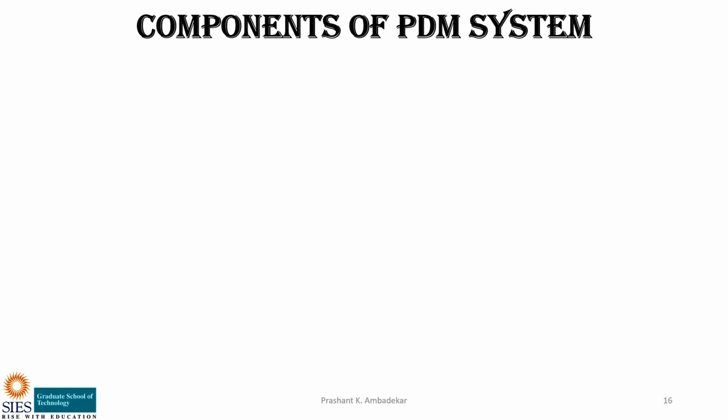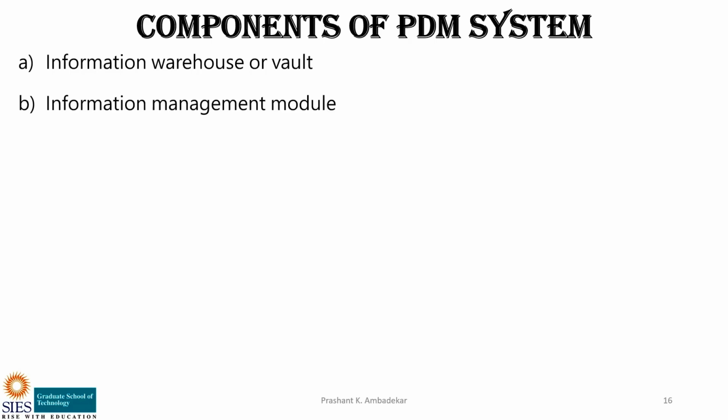The basic components of PDM system include the information warehouse, where the product data is stored, and the information management module, which manages the information warehouse. It is responsible for such issues as data access, storage of data, recall of data, information security, or recovery of data.